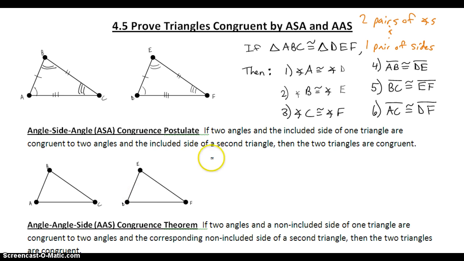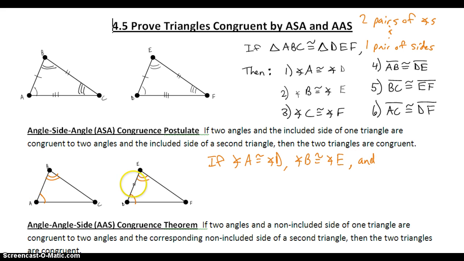So in this example, if angle A is congruent to angle D and angle B is congruent to angle E, I have two pairs of congruent angles. Now, in order to use angle, side, angle, that side has to be between the two angles. It has to be the included side.